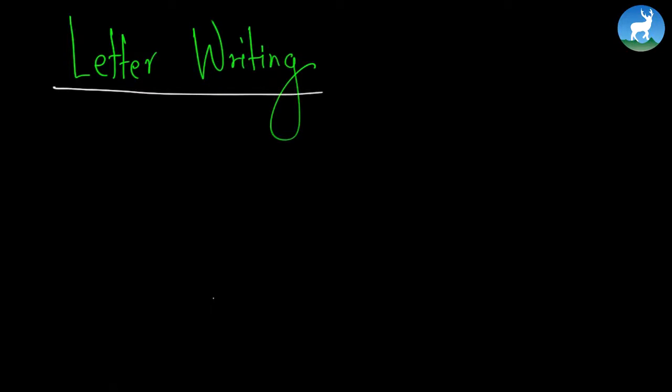In today's class, we are going to solve the writing portion of Unit 8, that is, writing a personal letter. So, let's begin. The writing portion of Unit 8 is called letter writing. Letter writing is an essential skill. There are two types of letter, formal and informal.